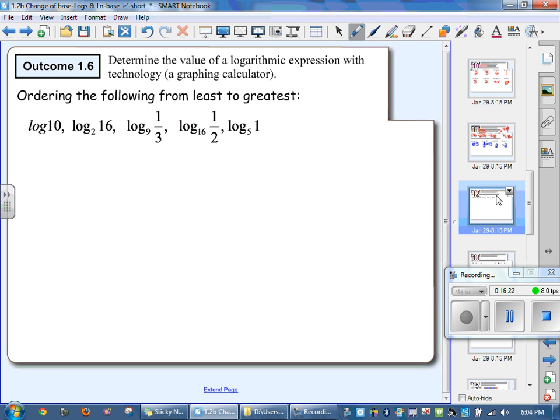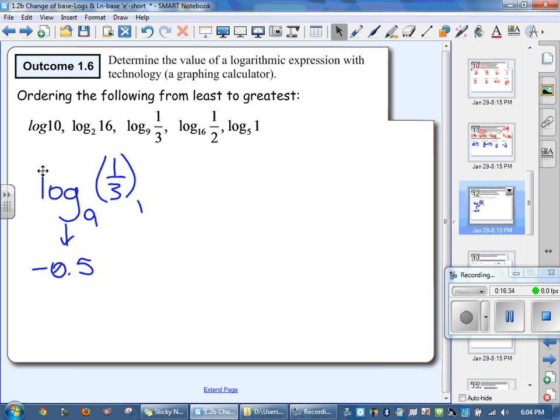Ordering from least to greatest, the way this should look is log base 9 of 1/3 is your least. This gives you negative 0.5 as a decimal. Then we get log base 16 of 1/2 as a decimal. That gives us negative 0.25. The next one is log base 5 of 1.